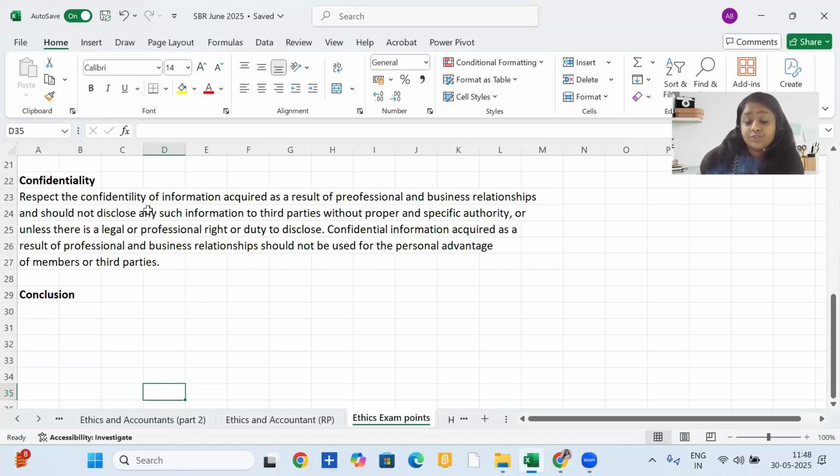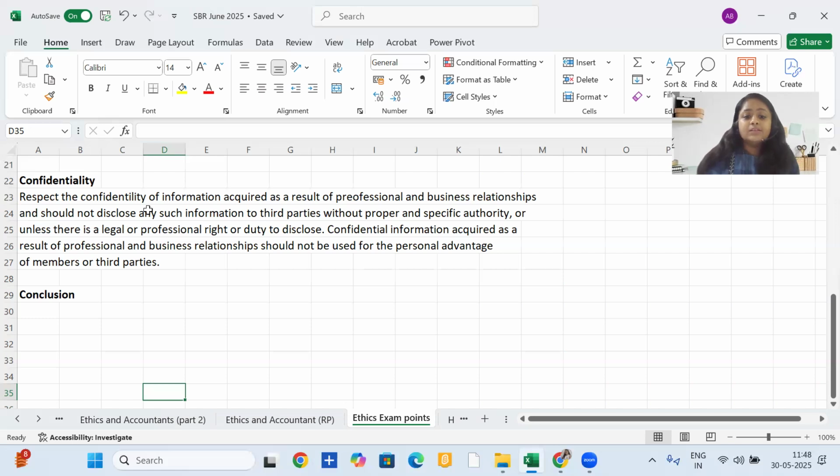So we should write in our answer with regard to these points that the ACCA professional is not expected to disclose any information to third parties without specific authority, unless there is a professional or legal duty to disclose.